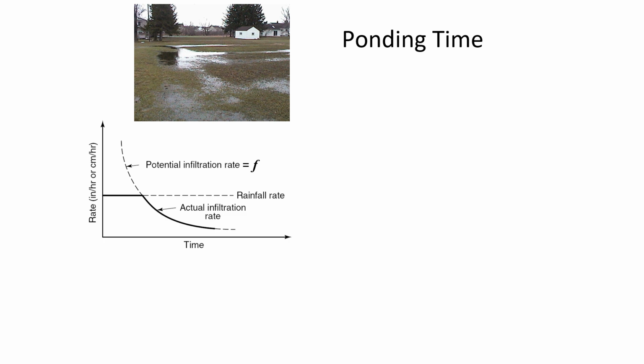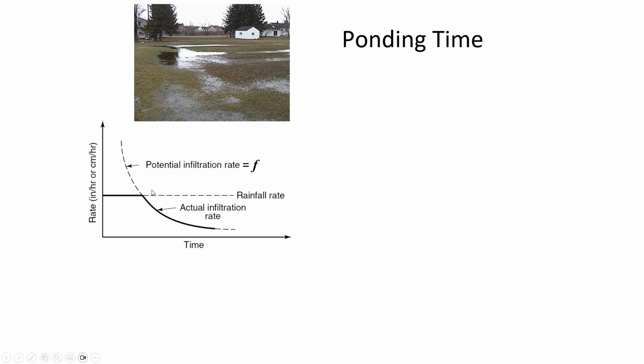So how do we calculate how long it takes for ponding to start? The infiltration rate is going down. We've seen this curve already, the declining potential infiltration rate curve. And if the rainfall rate is constant, there's a certain point where these two curves intersect, where the potential infiltration rate is declining and the rainfall rate finally is greater than the infiltration rate and ponding occurs.